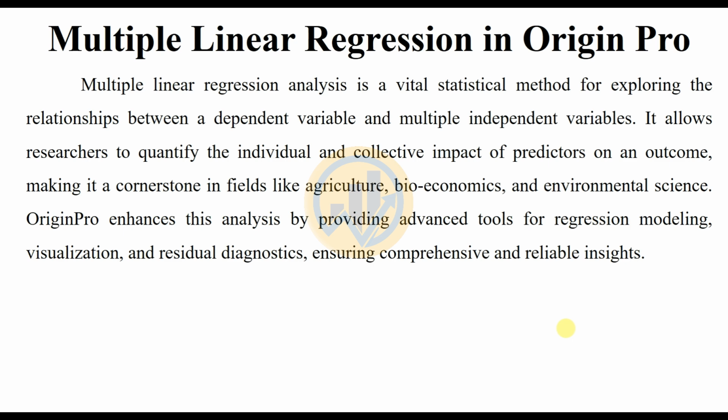Multiple linear regression in OriginPro. Multiple linear regression analysis is a vital statistical method for exploring the relationship between a dependent variable and multiple independent variables. It allows researchers to quantify the individual and collective impact of predictors on an outcome, making it a cornerstone in fields like agriculture, bioeconomics, and environmental science.